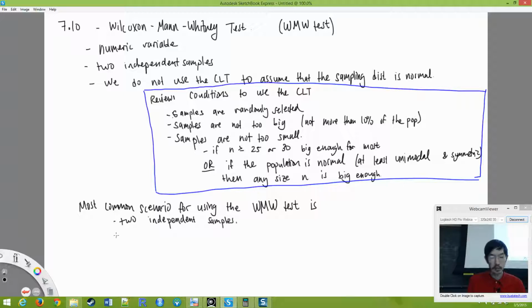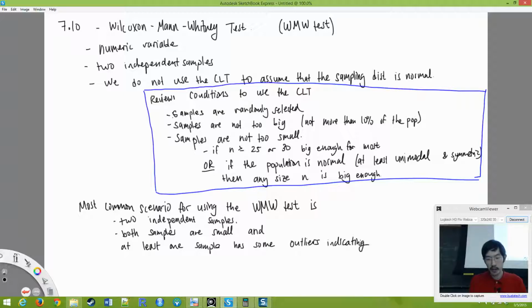Okay, both samples are, or at least one of the samples are small, but we'll just say both samples are small, and at least one sample has some outliers indicating that the population that it's coming from is not normal. Okay.